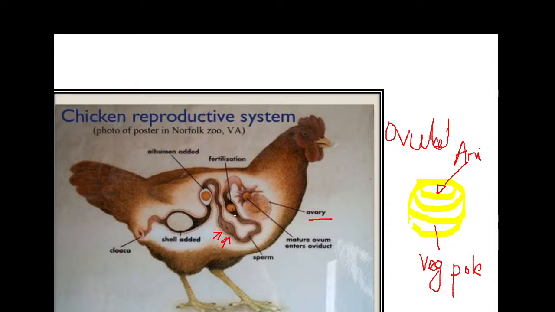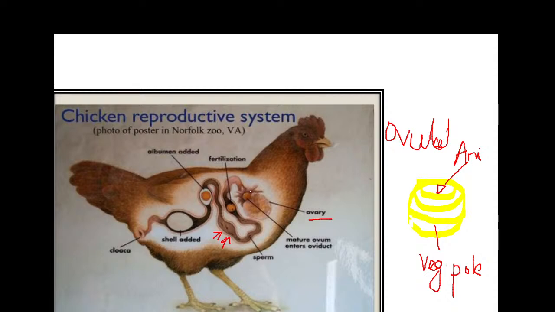So the second maturation division is completed after the penetration of sperm into the egg. The entry of the ovum into the oviduct is by the active movement of the ostium. In the ostium there are finger-like structures which help to suck the ovum into the oviduct.